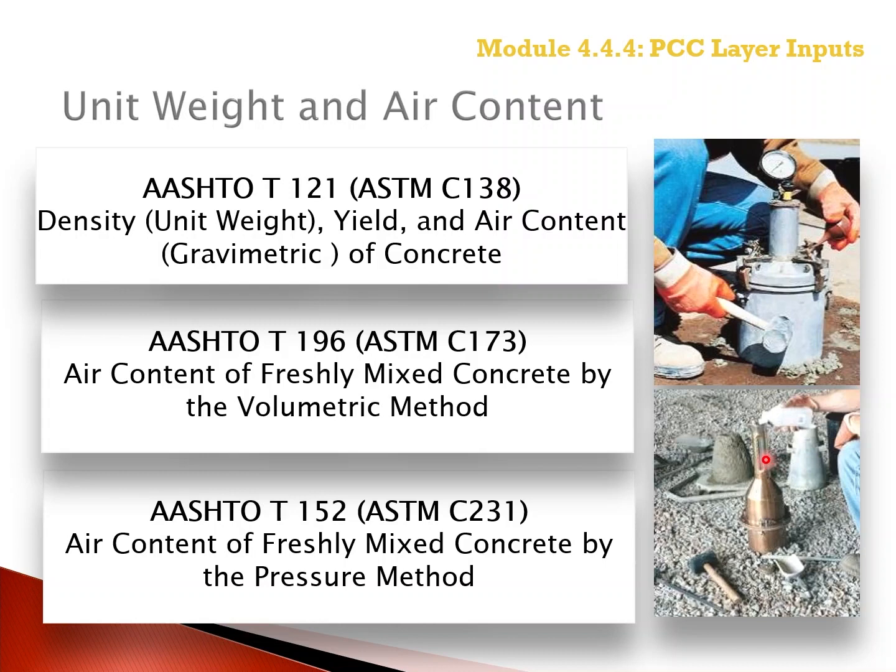Remember from an earlier slide, the values noted from the concrete mixture design should represent the average values of a specific PCC mixture estimated from the agency's construction materials database.